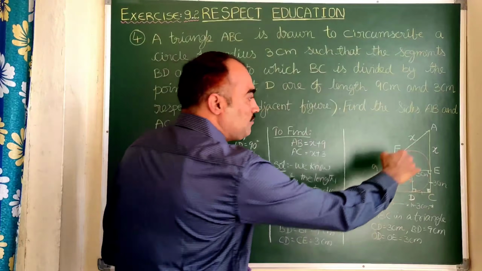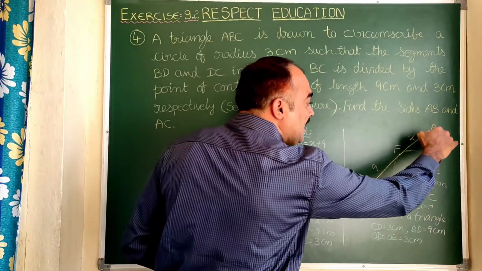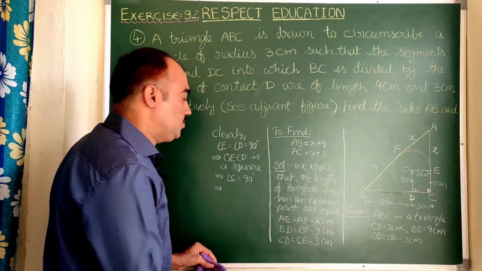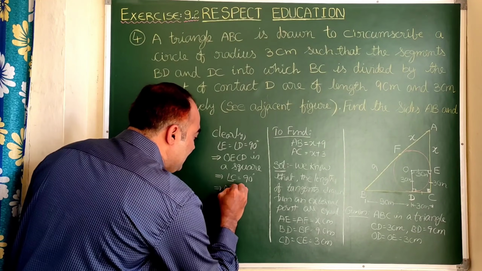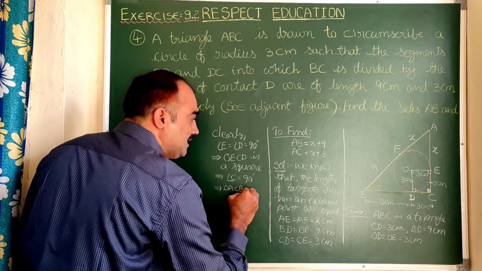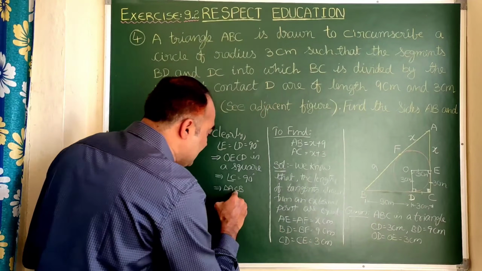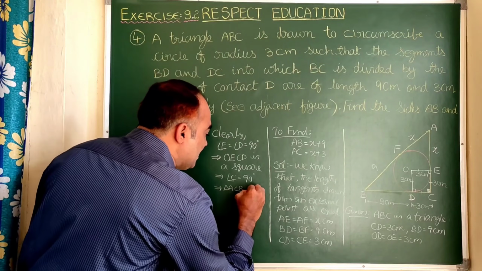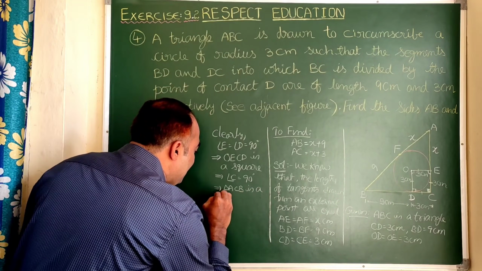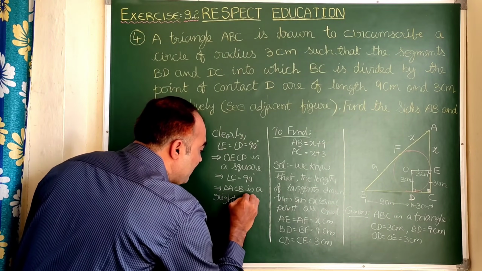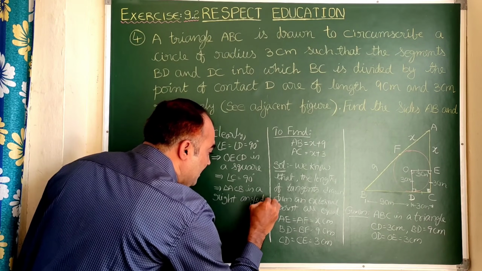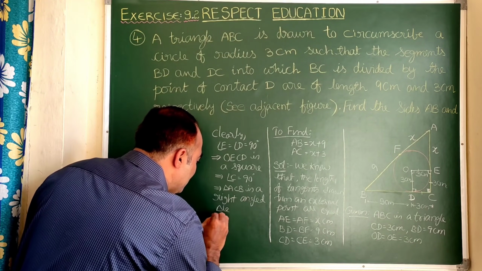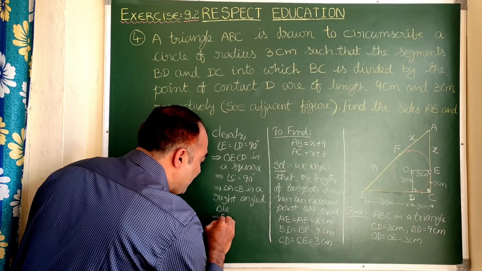Is it clear? That means triangle ACB is a right angled triangle. Let us write triangle ACB, not ABC, because the right angle at C is to be written in the middle. So we can apply Pythagoras theorem.